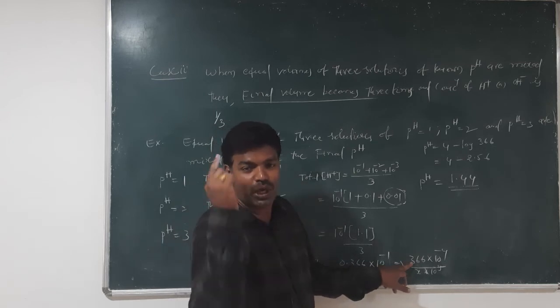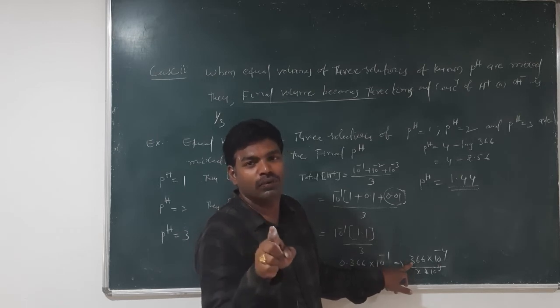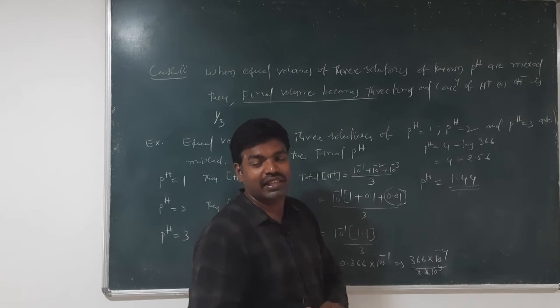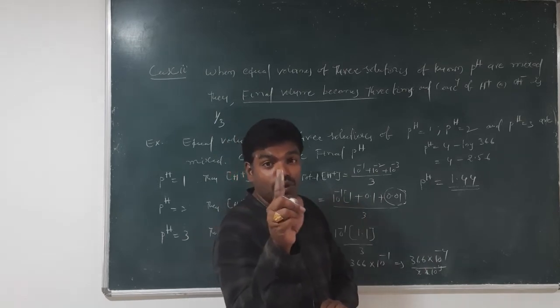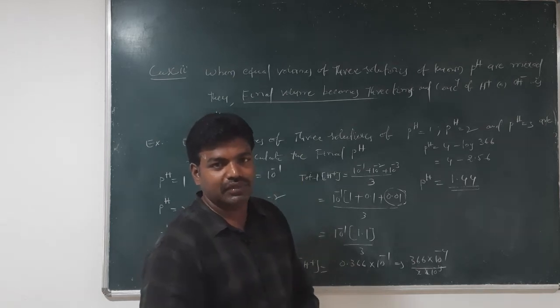Is it possible to remember the logarithmic value of 366? No. So to avoid this lengthy calculation, there is an alternative method, it is better to call it a shortcut, right?